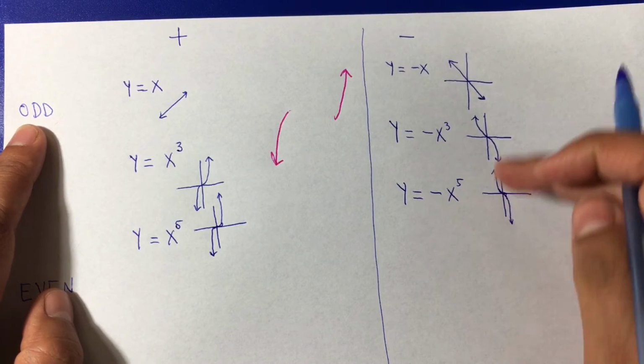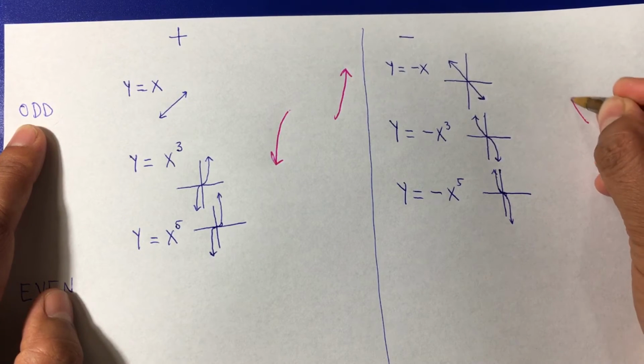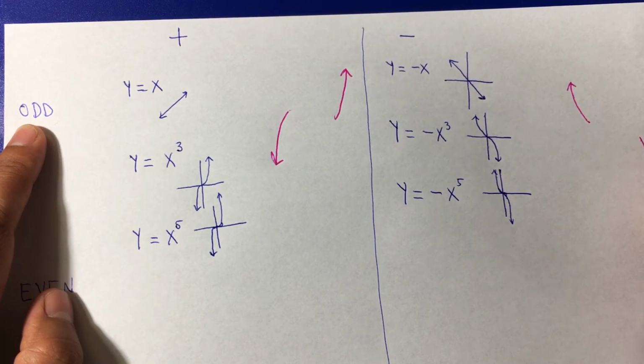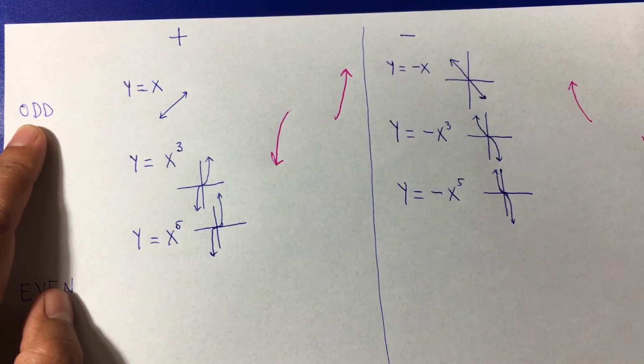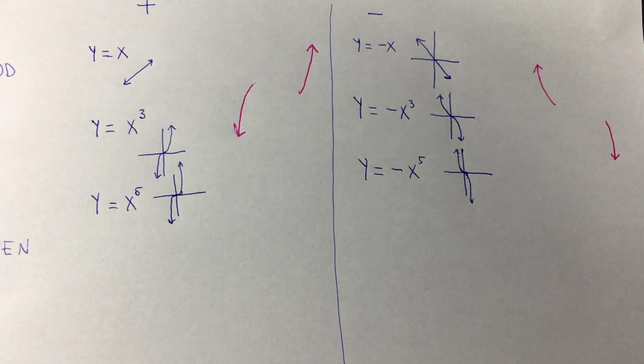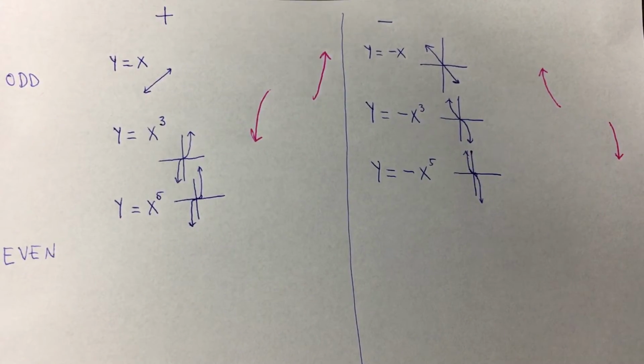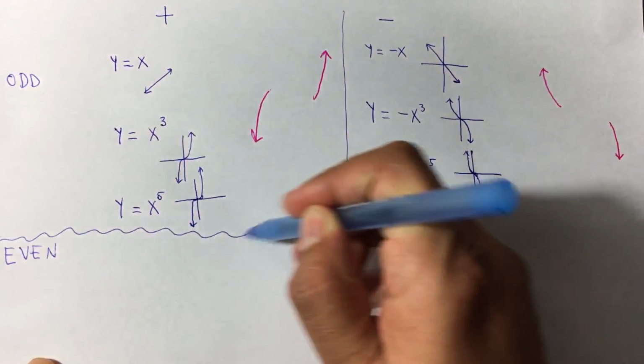Again, what we care about is the end behavior. What is the end behavior? It's up on the left and down on the right. Let me see if I can make it smaller. Okay, so that's for the odd.